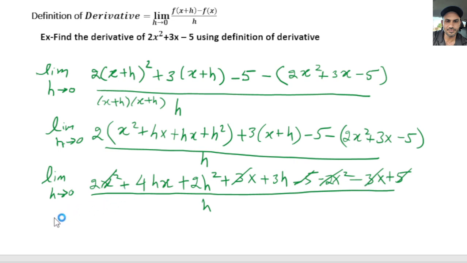Okay, so we have the limit as h goes to 0.